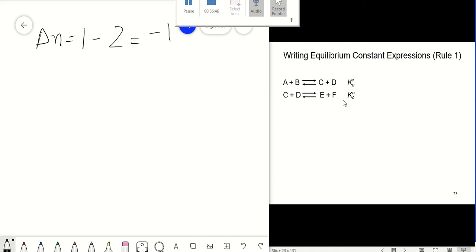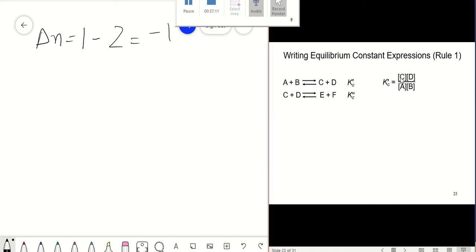The equilibrium constant for this reaction is Kc2 prime. Now we have to see here that C and D are products for the first reaction and C and D are the reactants for the second reaction. Now, can we write down the expression of Kc prime? Yes, let's write down the expression for Kc prime for the first reaction.